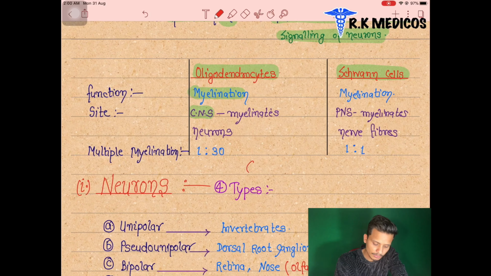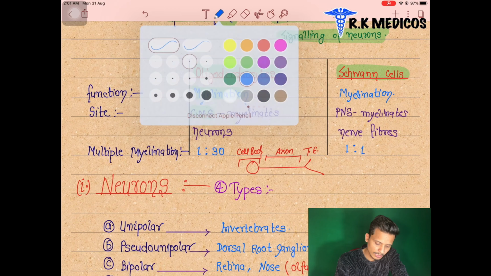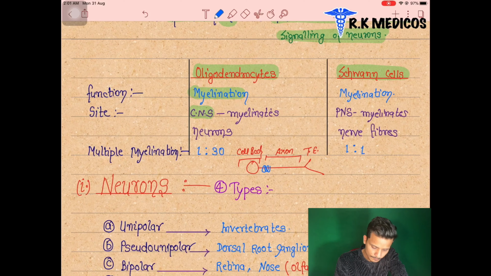Suppose that this one is the neuron, this one is the cell body of the neuron. This part is called the axon, and this one is the terminal end. So in the axon there is myelination present. In the central nervous system, if this neuron is present in the CNS, then this myelination is done by oligodendrocytes.